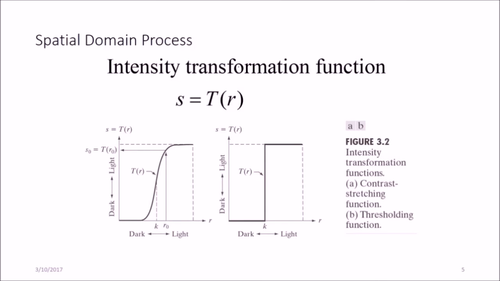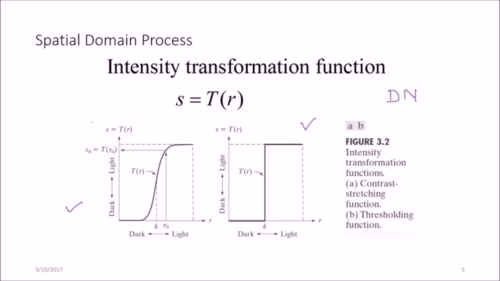In spatial domain process, we have intensity transformation function also, which is like this. Intensity transformation means changing the DN values or digital numbers or intensity values. For example, we can have contrast stretching function and the thresholding function. So this is the example of your contrast stretching, and this is the example of thresholding function.